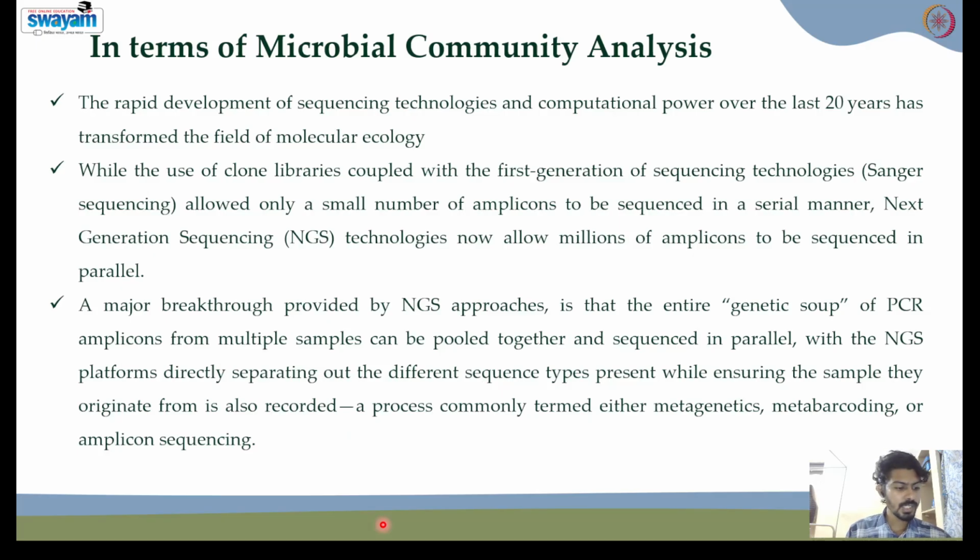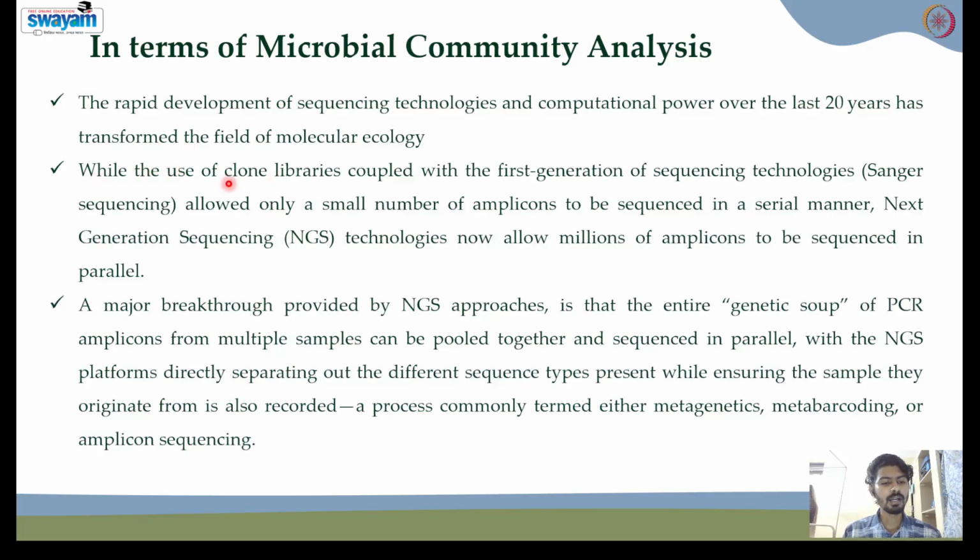If you see gene sequencing in terms of microbial community analysis, the rapid growth of sequencing technology and computational power over the last 10 years has transformed the field of molecular ecology. In the previous slide we could also infer that millions of base pairs can be sequenced within a few minutes.